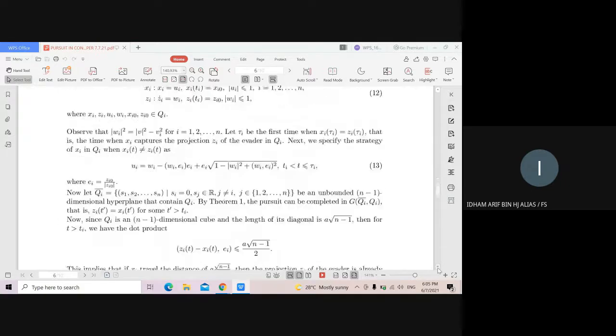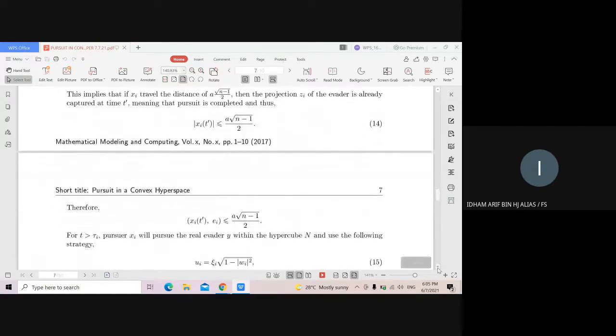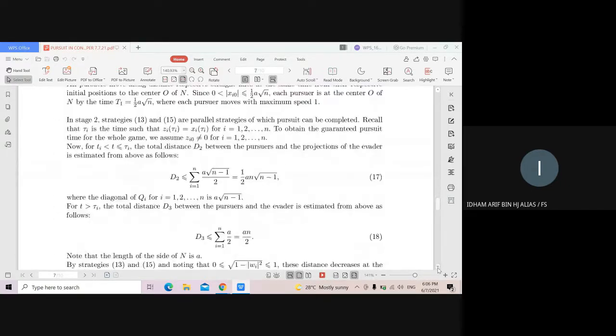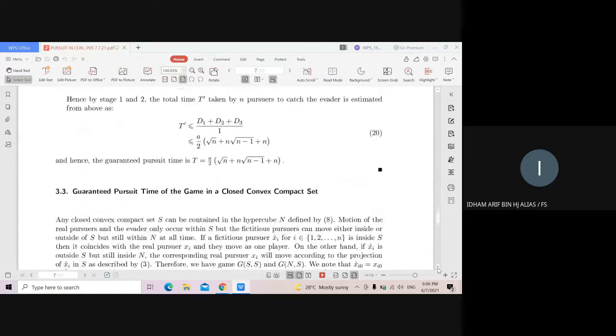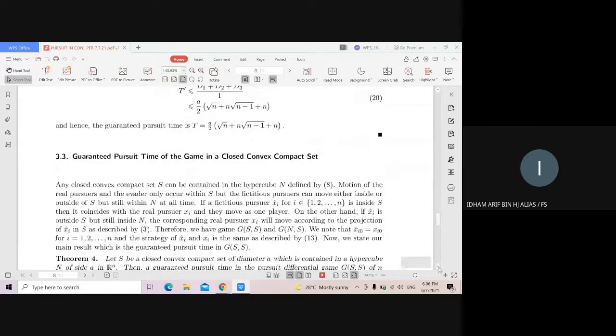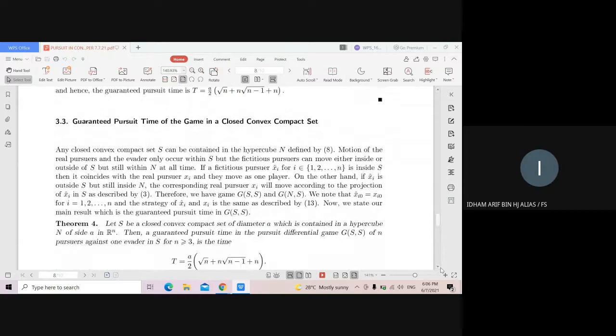And so we now come to our main result. So this is all the work of details. But now our main result is just by using theorems 1, 2, and 3.